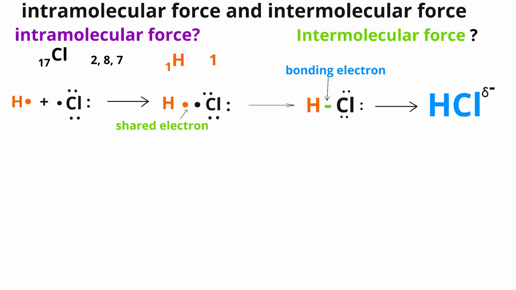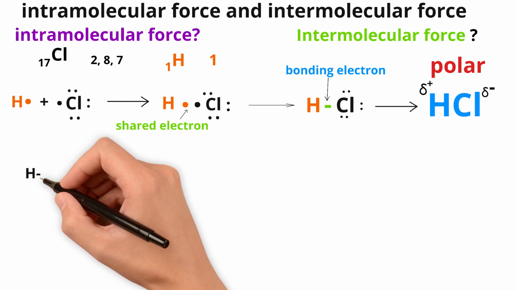Because of this, chlorine carries a partially negative charge, but hydrogen carries a partially positive charge, because the bonding electrons formed between hydrogen and chlorine move towards the nucleus of chlorine, since chlorine attracts this bonding electron toward its nucleus because it has a higher electronegative value than hydrogen. Therefore, HCl is a polar molecule.